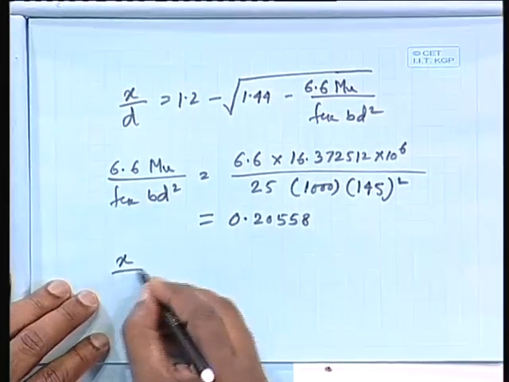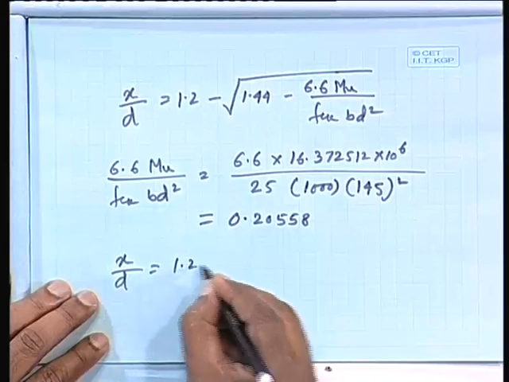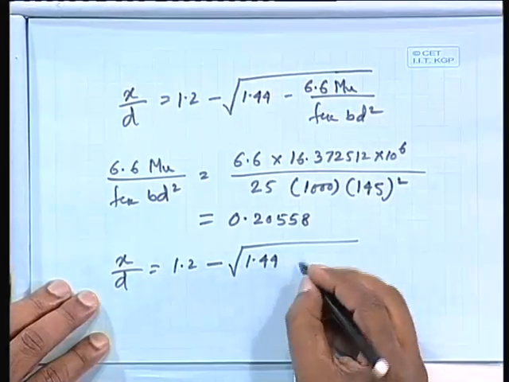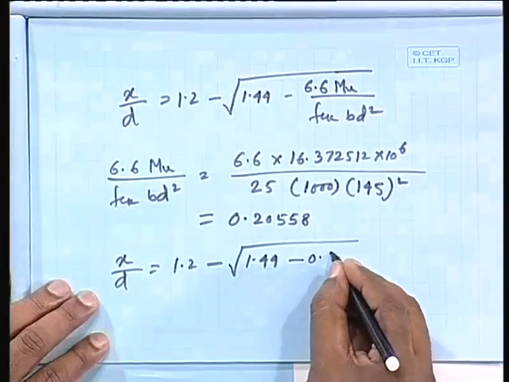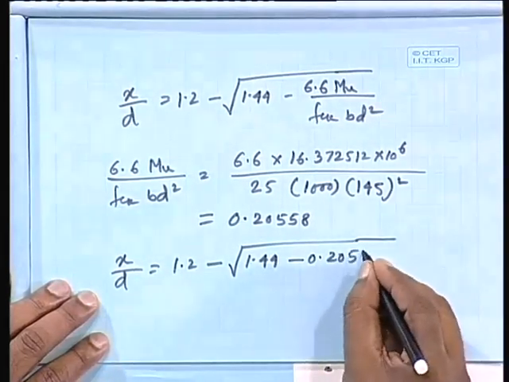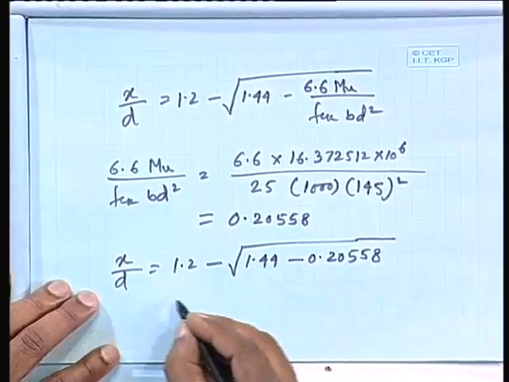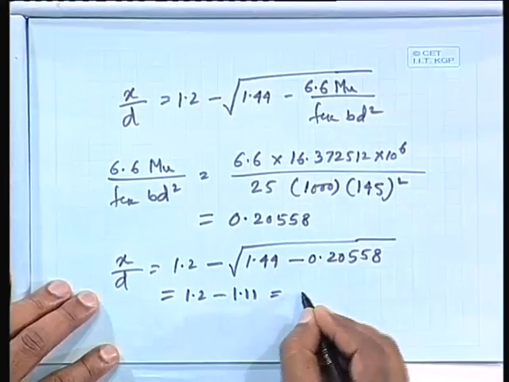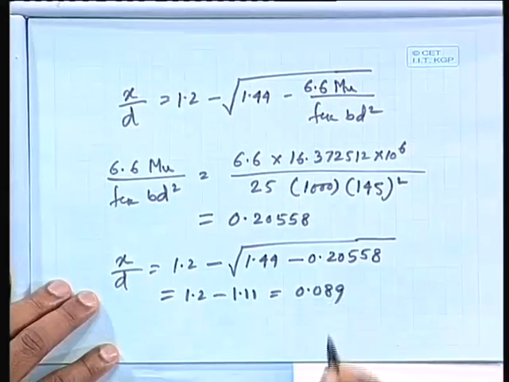So x by d equals 1.2 minus root over (1.44 minus 0.20558), equals 1.2 minus 1.11 equals 0.089.